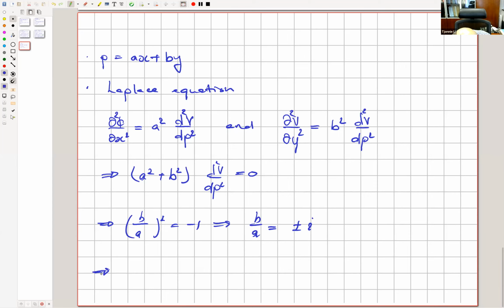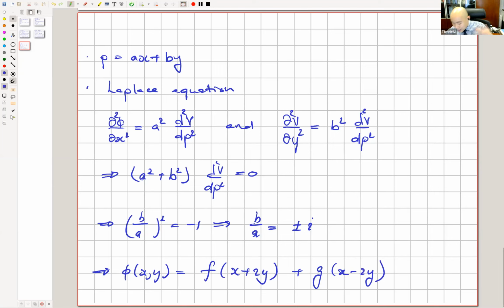Altogether, we have that phi as a function of x and y is just a function f of x plus iy, plus g, another function, of x minus iy.